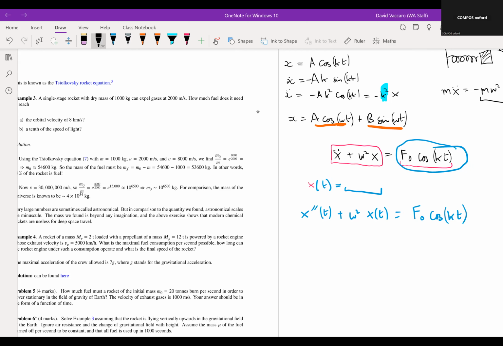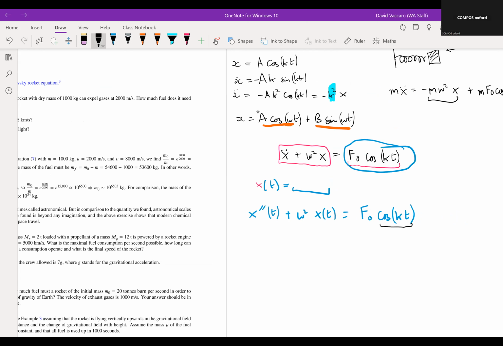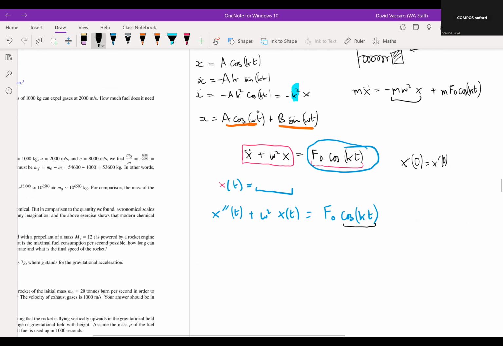Well, if I want to get a cos kt term, the sort of function that's going to make a trigonometric function is going to be something like cos kt. Oh, and also, in order to solve the differential equation, I'm just going to assume that x of 0 and x dash of 0 are both 0.